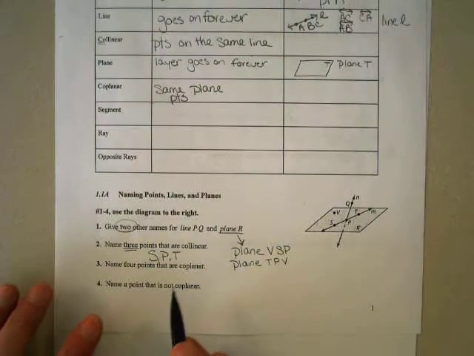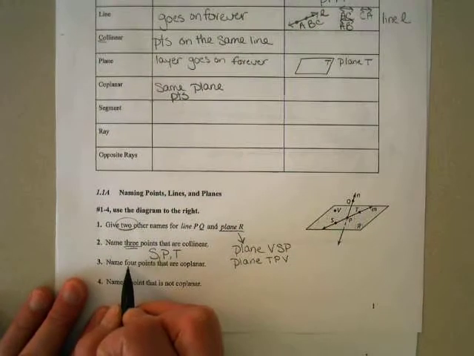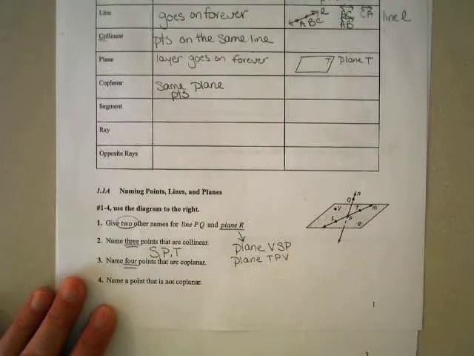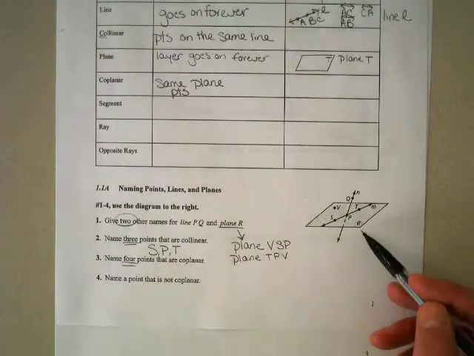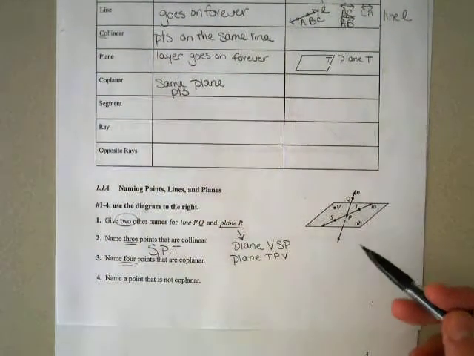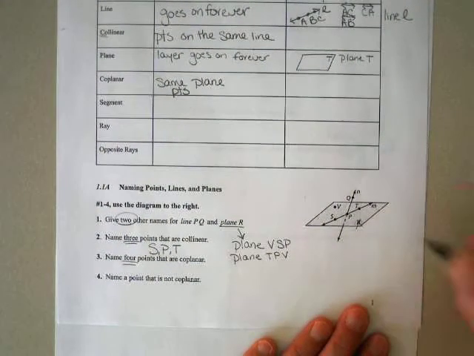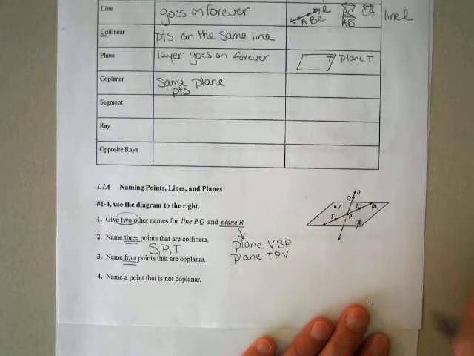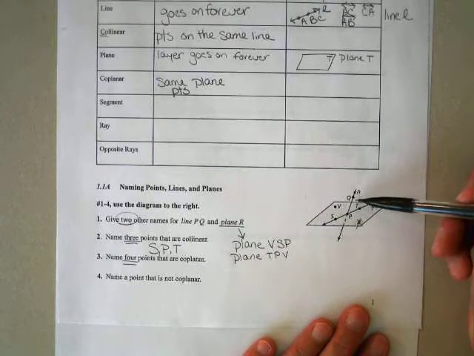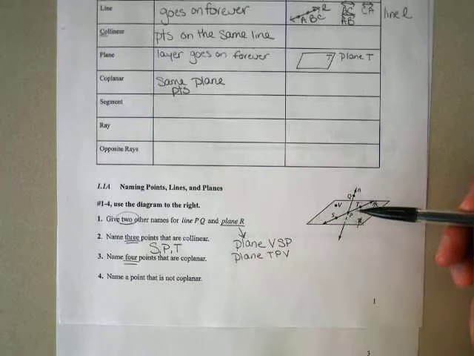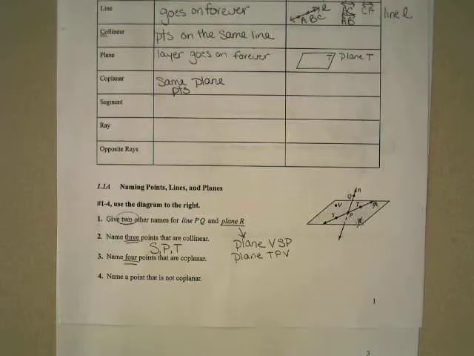So if you go down to example 3, do you see how it says name 4? Now, R is not a point. R is just naming it. So you can't pick R. You can't pick M. And if you notice, Q is not in the plane. It's like hovering above it, like 3-dimensionally.